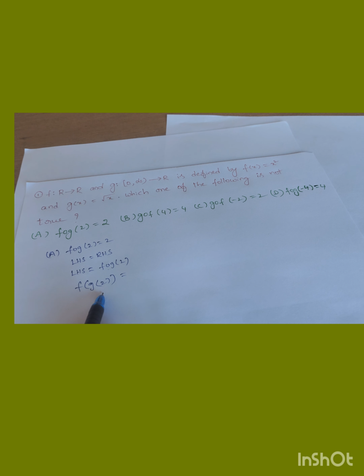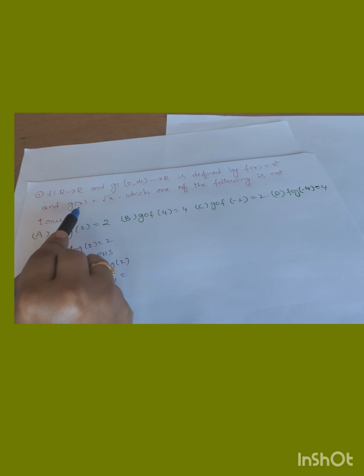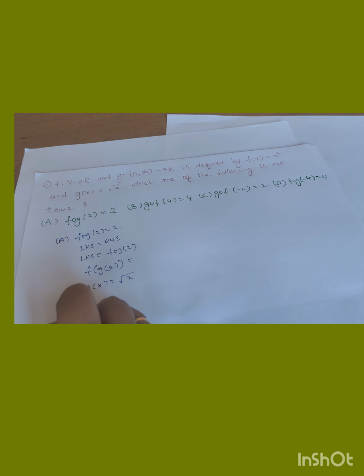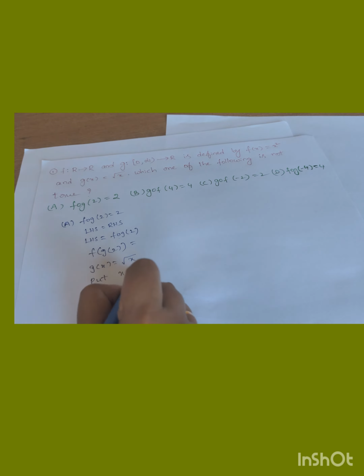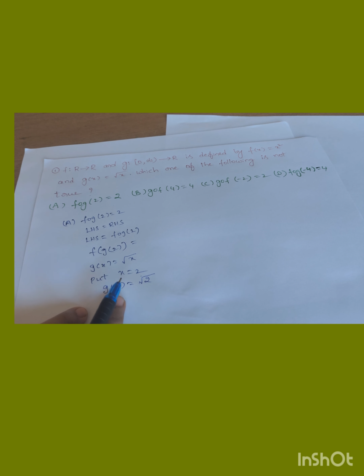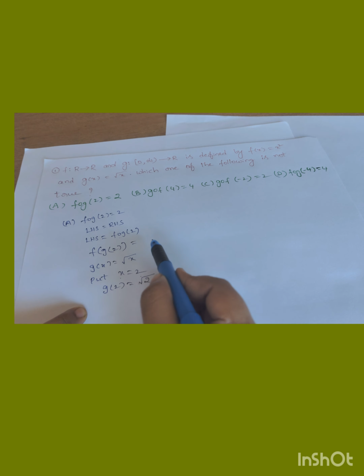We know g of x is given in the question. g of x is equal to root x. Put x is equal to 2. Then g of 2 is equal to root 2, so x is replaced by 2 in the root. So g of 2 value is root 2.